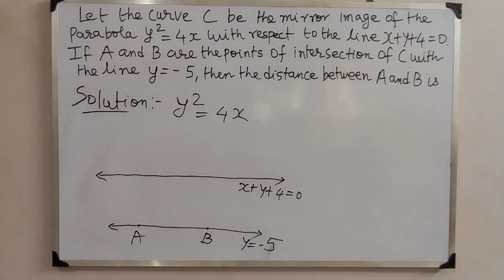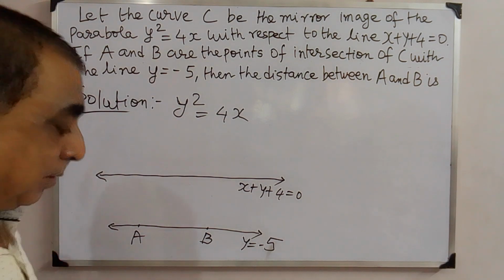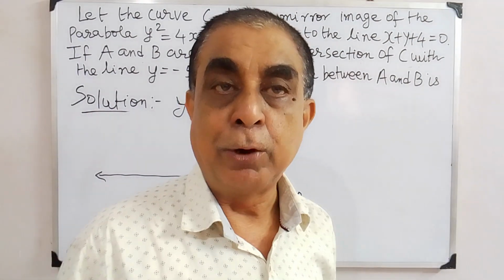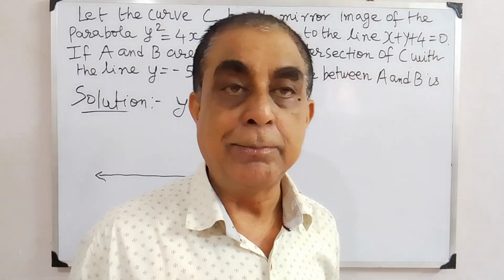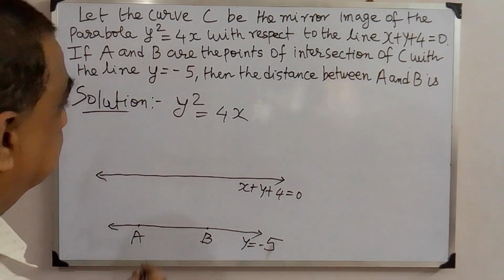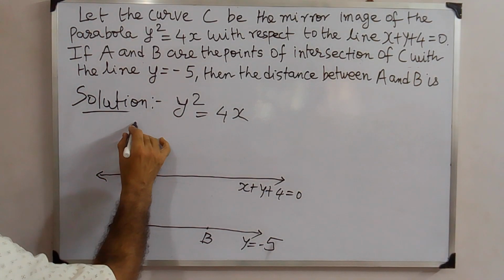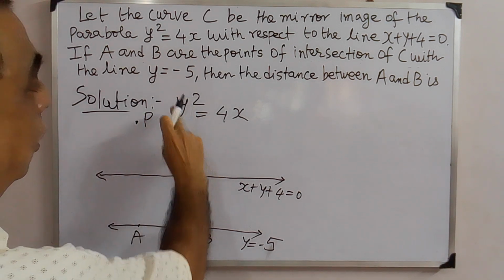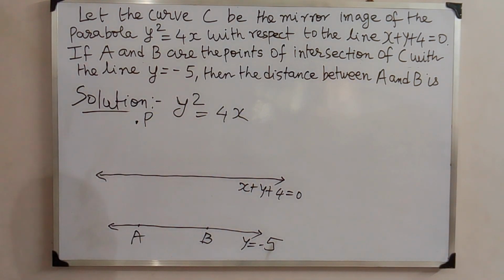We have to find the distance between A and B, and this distance is any number from 0 to 9. We have to find that number. So how will we do the sum? Let there be any point P on this given parabola.